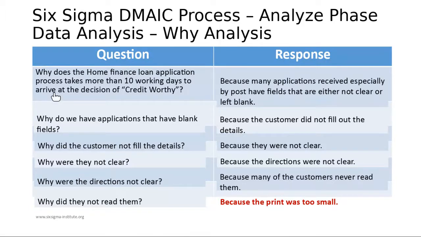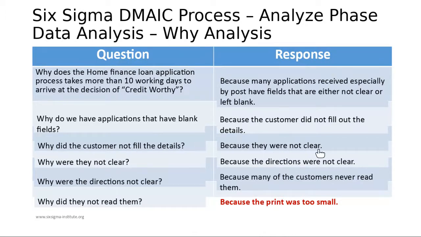The second question is usually asked based on the first response. Why do we have applications that have blank fields? Because the customer didn't fill out the details. Then the question obviously will be based on this one. Why did the customer not fill in the details?